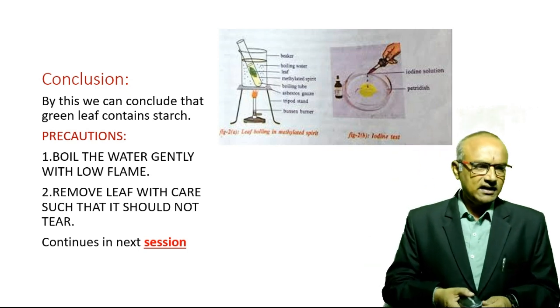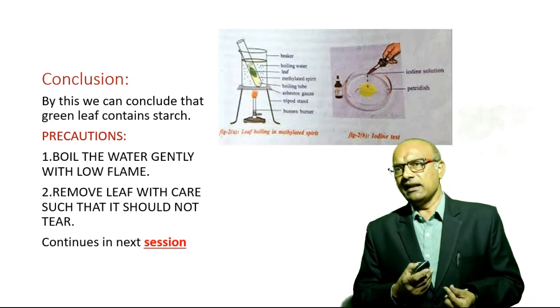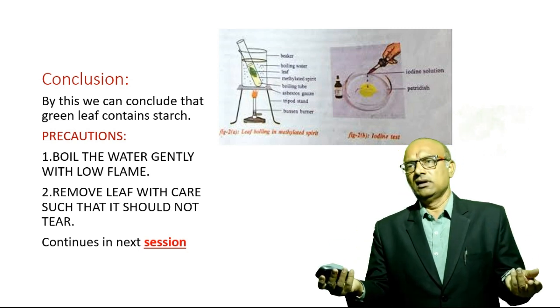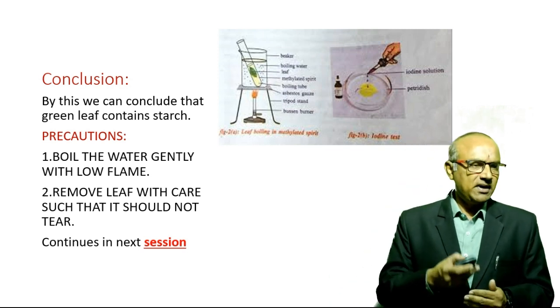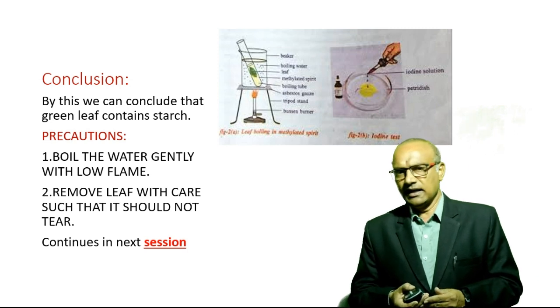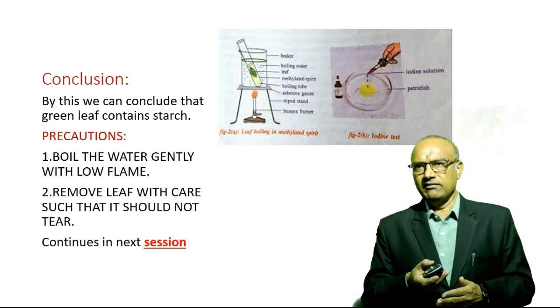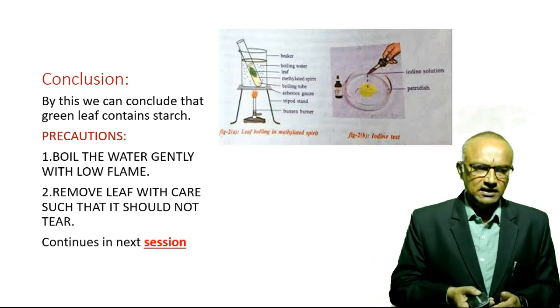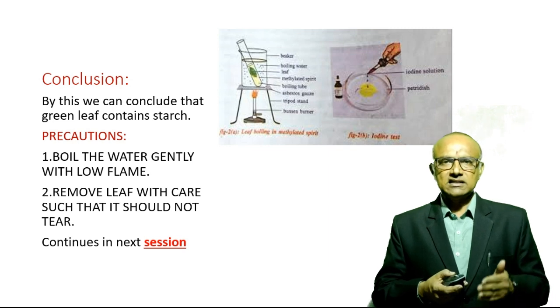The second precaution is to remove the leaf carefully, or else if the leaf is torn, our experiment will fail. These 2 precautions must be maintained clearly. Then we can complete this experiment successfully and prove that green leaves prepare starch by performing photosynthesis.